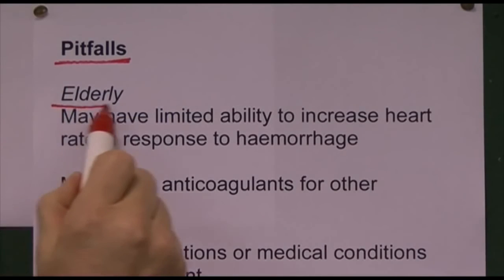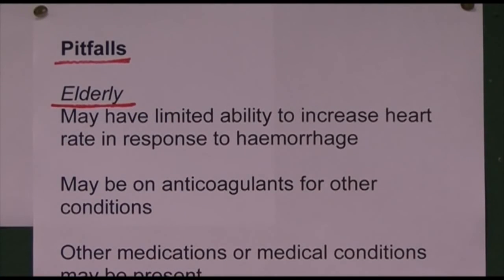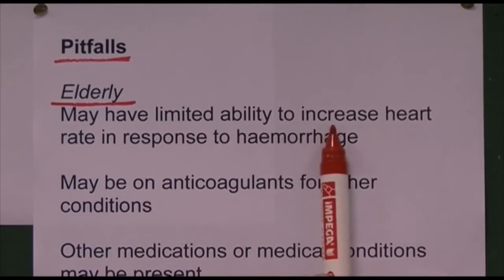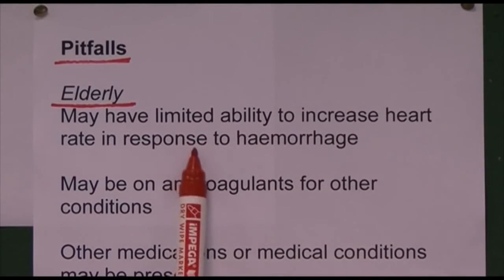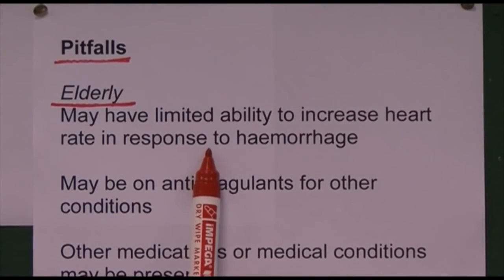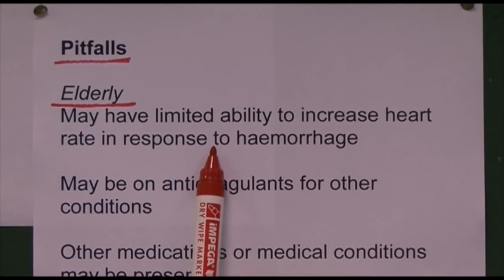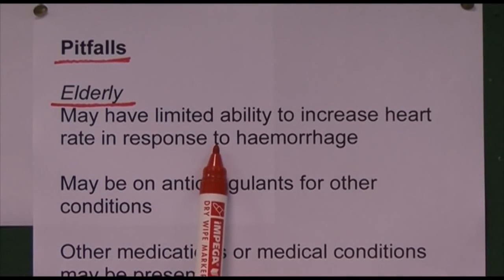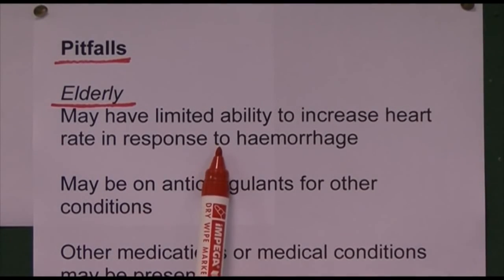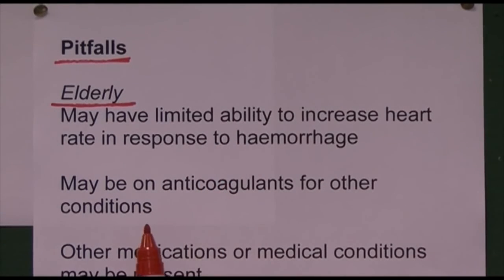And one is the elderly. Now the elderly may have a limited ability to increase heart rate in response to hemorrhage. This means that older patients may not have the tachycardic response that younger people will have. In other words, an older person might have lost blood but not be tachycardic because they are incapable of compensating.